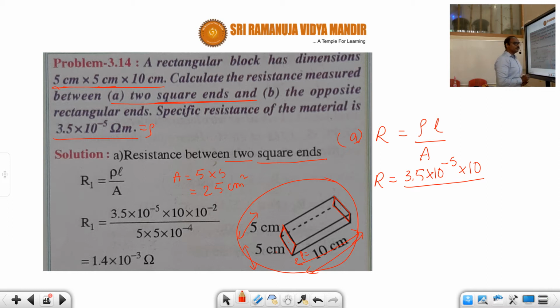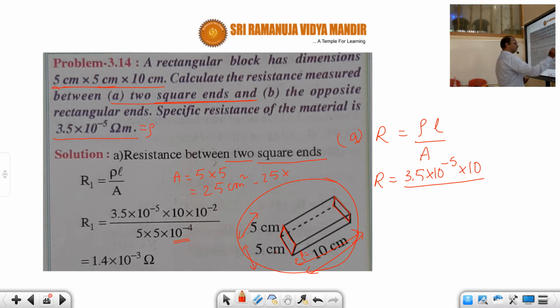But here the area should be written in meters. You know how to convert centimeter into meters. So 25 into, 1 centimeter equal to 10 to the power minus 2 meter.